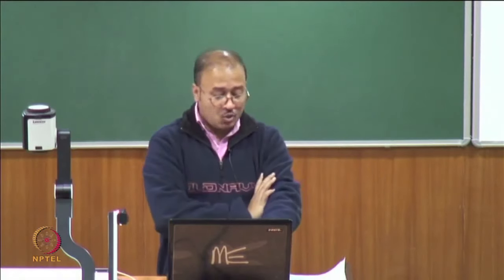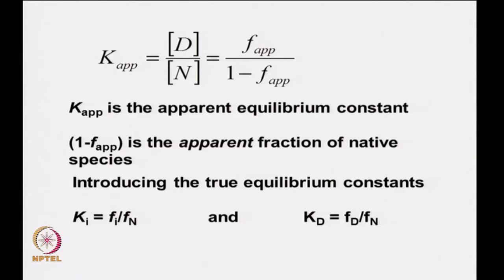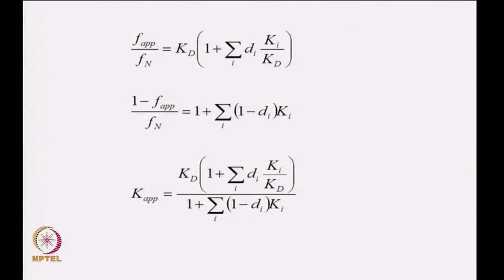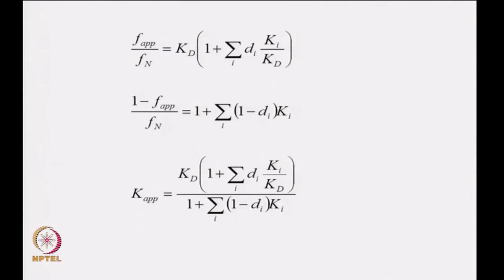So that is why you see, what is Ki for me? Ki is the fraction of the ith species, which is the intermediate, over f of N, and Kd is definitely what it is defined by. Okay. So now you can go through this, you will get a host of relations like this, right. So that is another point. Let me try to make the last point.